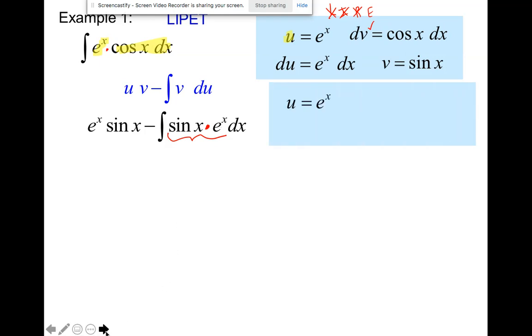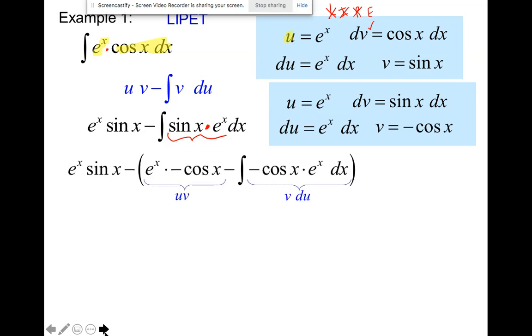If I do my integration by parts again, it all works out. But look at my integrand. Still a product. Crap. All right, it's time for Algebra 1 to come to the rescue.